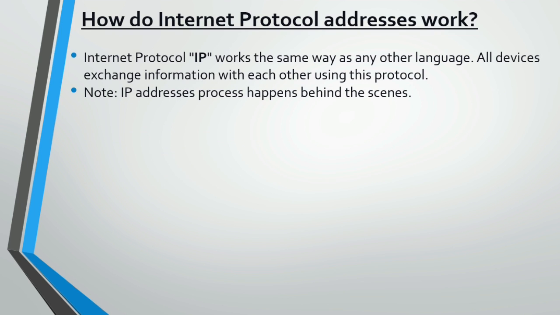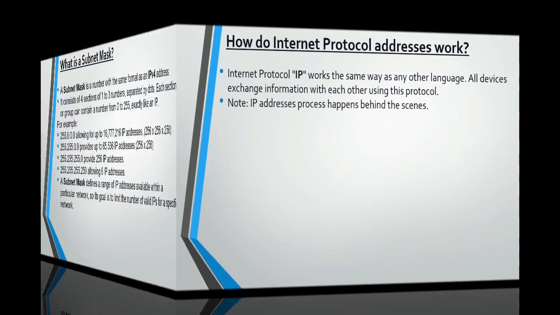How do Internet Protocol addresses work? Internet Protocol, IP, works the same way as any other language. All devices exchange information with each other using this protocol. Note: the IP address process happens behind the scenes.